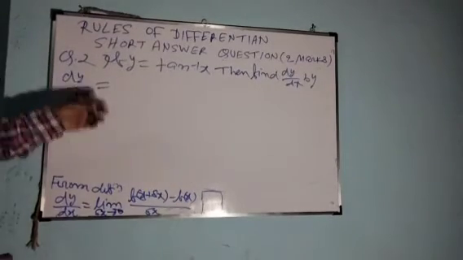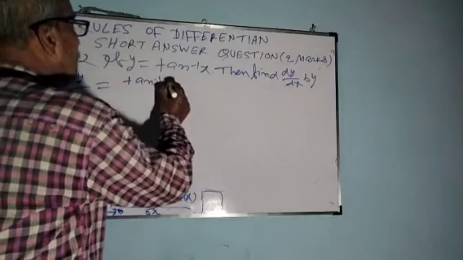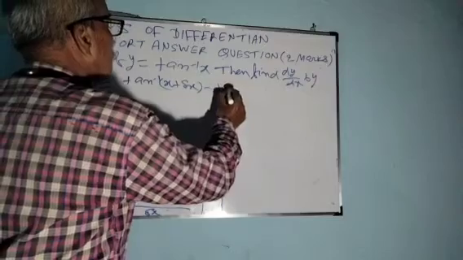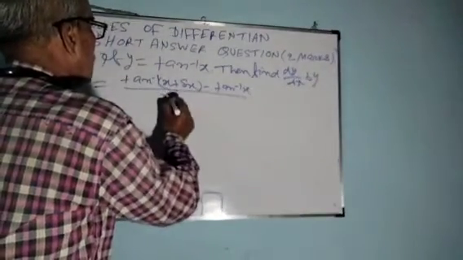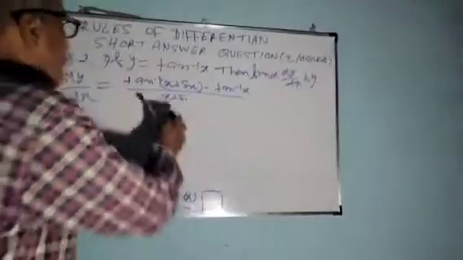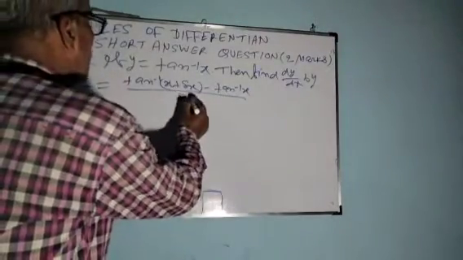So dy by dx is equal to limit delta x tends to 0 of tan inverse of x plus delta x minus tan inverse x by delta x.